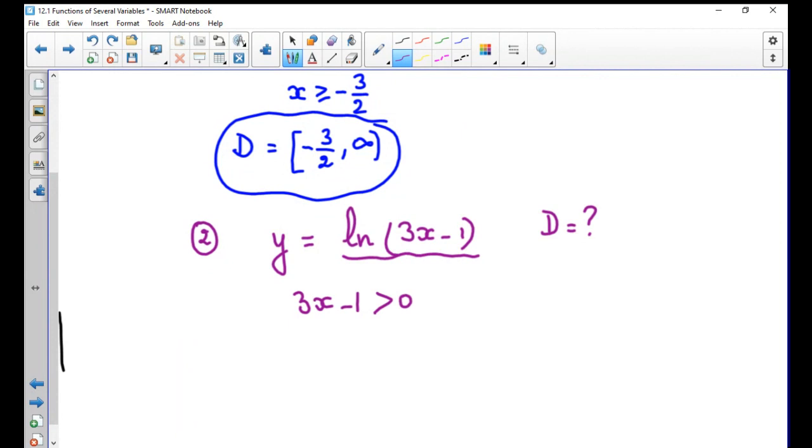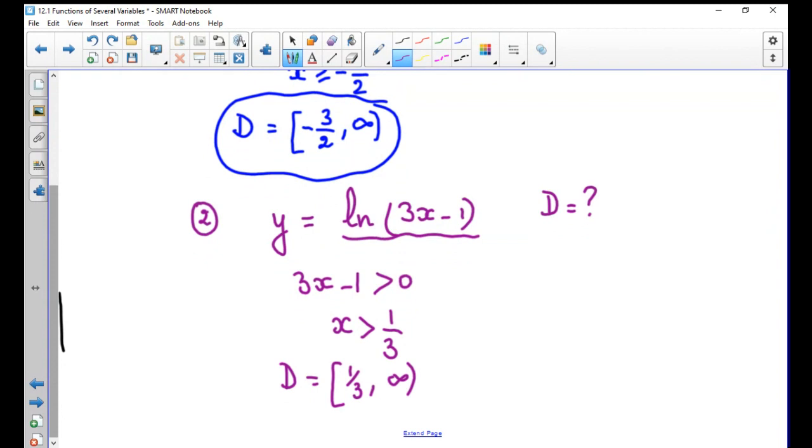Okay? So therefore, for the domain here, you need to solve 3x minus 1 greater than 0. Again, we can solve this. So, x greater than 1 over 3, and that will give you a domain which is all the numbers from 1 over 3 to infinity.